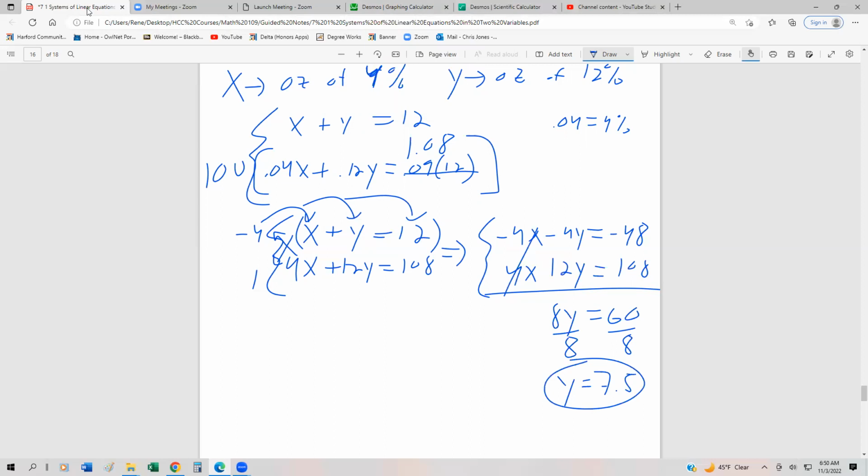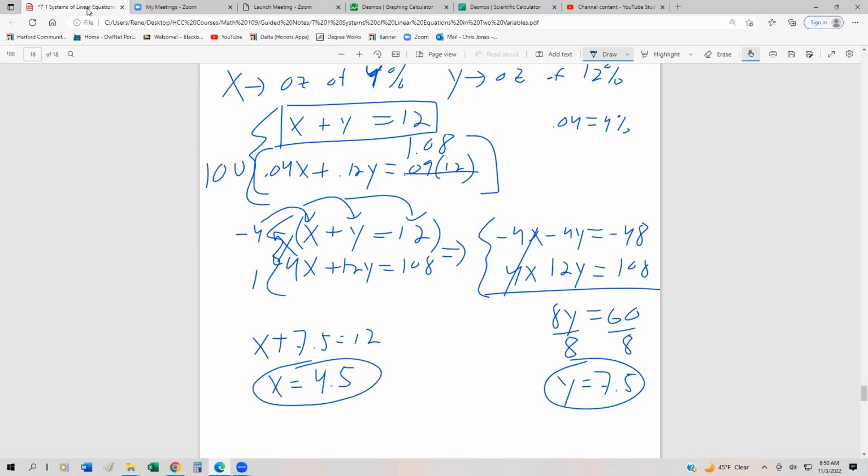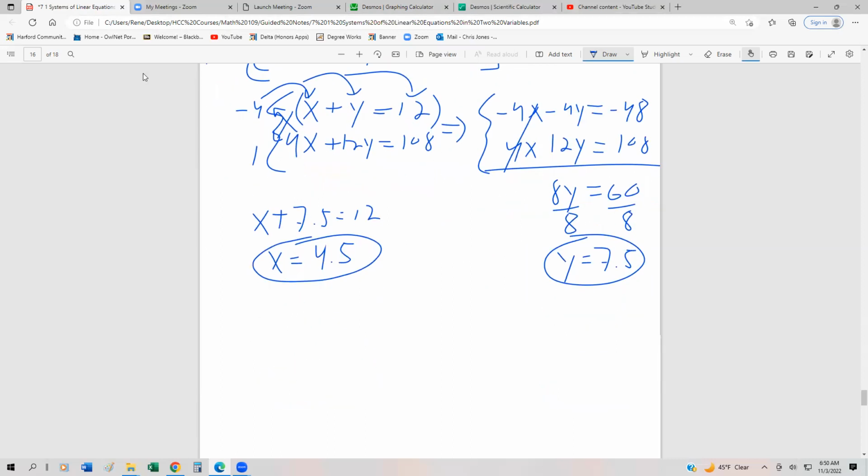And then we could just substitute back in to where x plus y is 12. So we get x plus 7.5 is 12. If we subtract 7.5 from both sides, we should end up with 4.5. And so what is the answer to this? Well, we need 4.5 ounces of the 4% solution, and we need 7.5 ounces of the 12% solution.